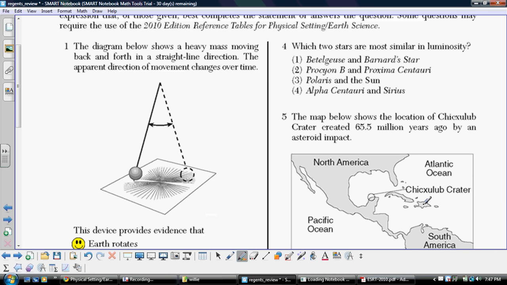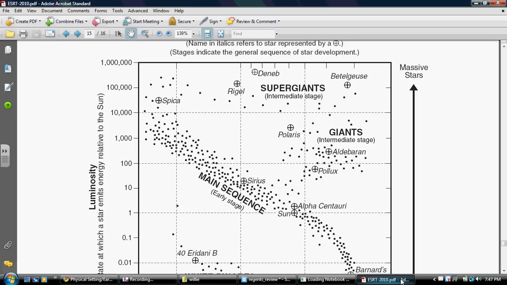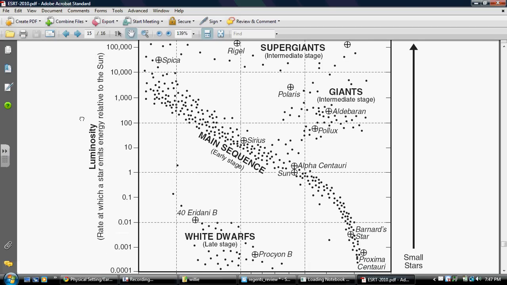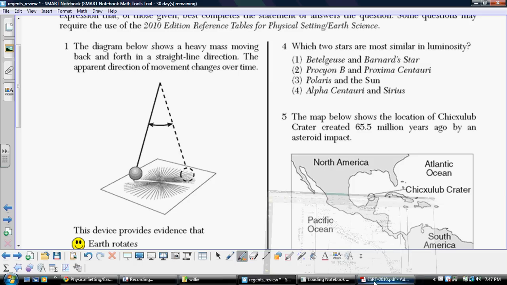Procyon B and Proxima Centauri. Let's see, Procyon B is down here, Proxima Centauri. Ooh, these are virtually identical. They're very, very close. I'm starting to think that's probably going to be the answer, but just to make sure we're not jumping the gun, let's take a look. Polaris and Sun.